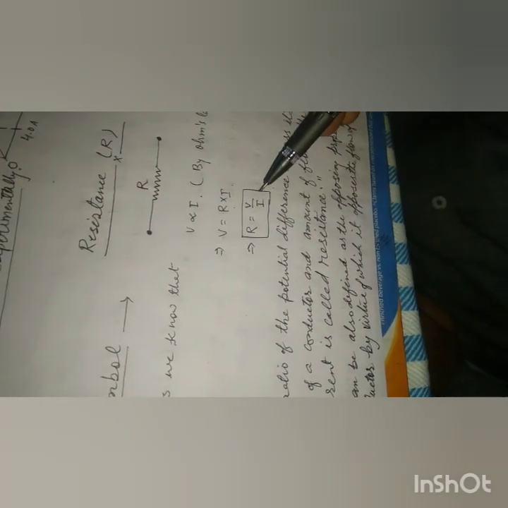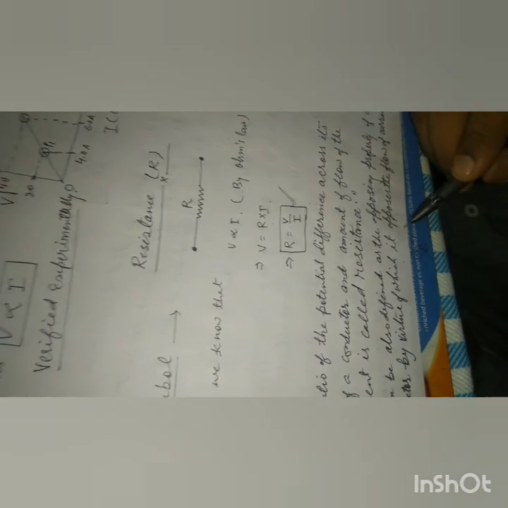So R is equal to V by I. Thus the ratio of potential difference across the ends of a conductor and the amount of flow of current is called resistance. It can also be defined as the internal opposing property of a conductor by virtue of which it opposes the flow of current.